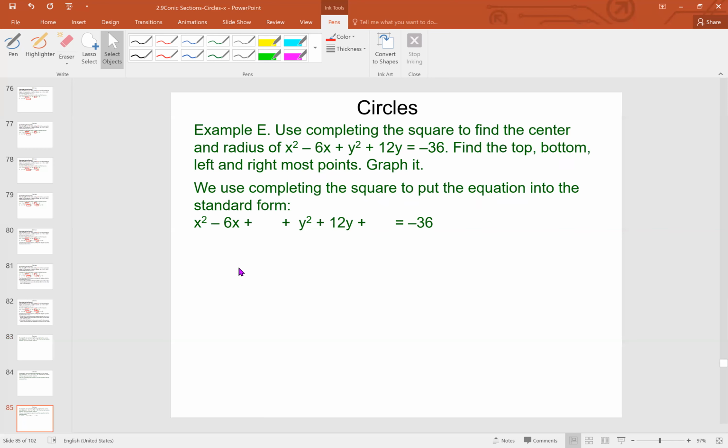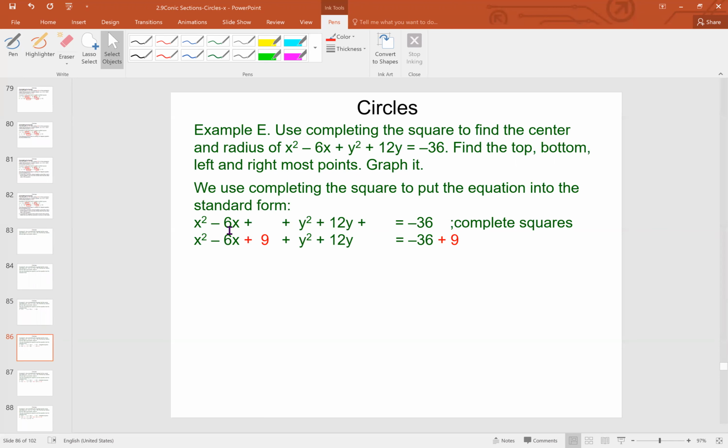Now, I'm going to complete the square for the x's. So take half of minus 6 and square that, which is 9. So I'm going to add 9 to the x's. And since it's an equation, I have to add 9 to both sides to make these steps valid, so I'm not changing the equation. This completes the x square.